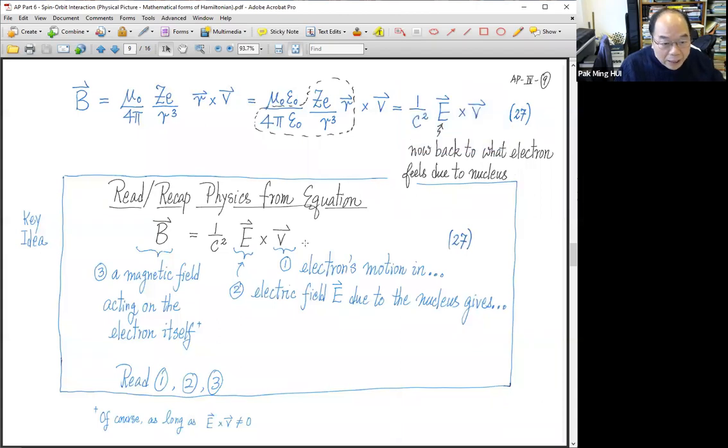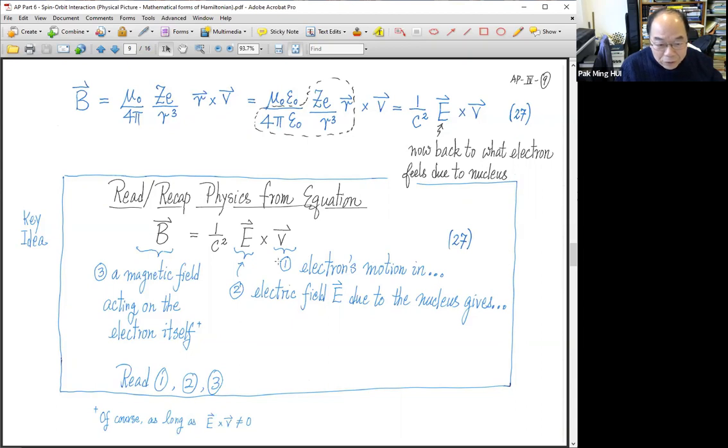So I like to write this thing again here, and then what I'm doing is let the equation talk to you, all right? But you need to know how to read the equation first.